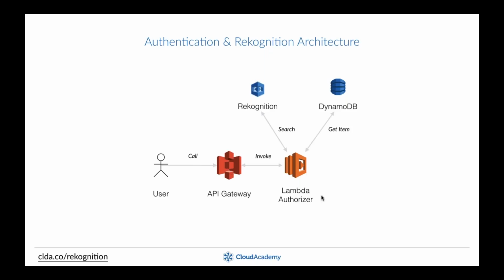Then you can configure an AWS Lambda authorizer that will fetch such image and search it in the Amazon Rekognition collection. If the face is detected and bound to, for example, a DynamoDB object, and that user is authorized to invoke such an API, you will be able to authenticate and proceed. Otherwise, you can just deny the API call. So this is an interesting scenario, and there are many, many more.